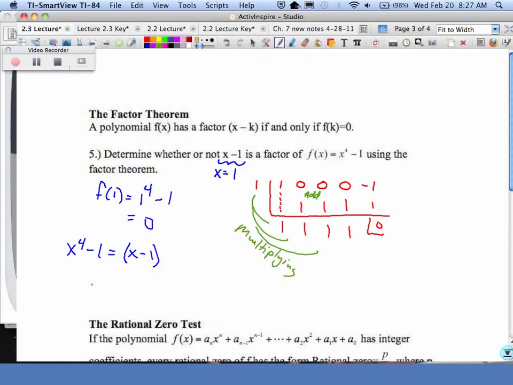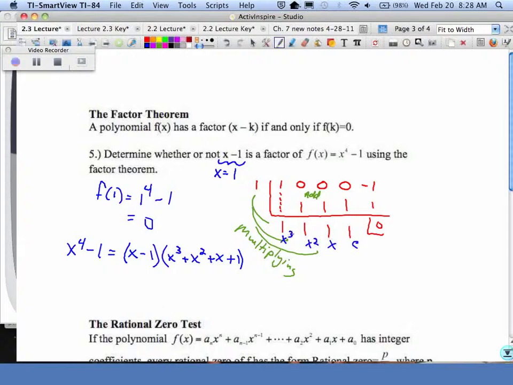What was our answer? 1x cubed plus an x squared plus an x plus a 1. And what's the remainder? 0. So remember, this will be your constant. This is your x. This is your x squared. This is your x cubed, because that number right there is your remainder.